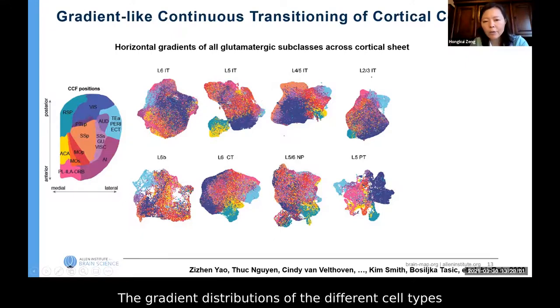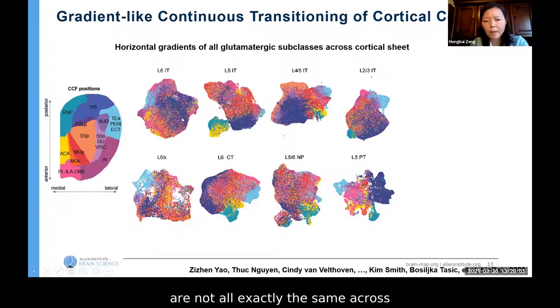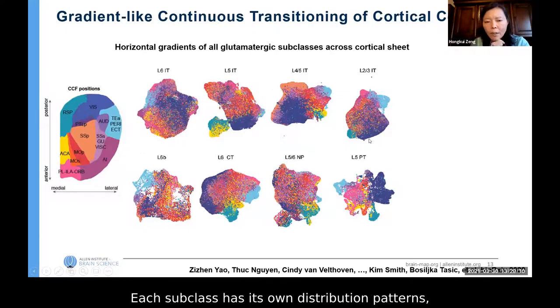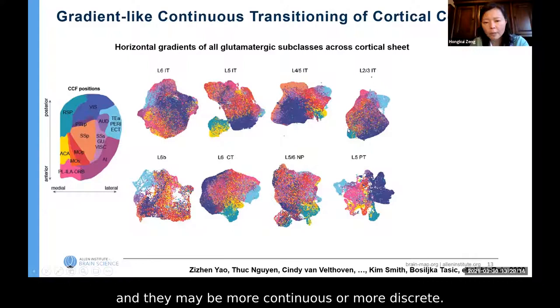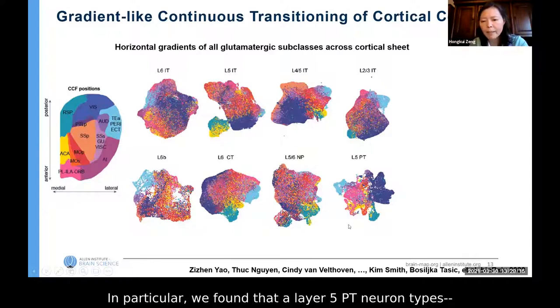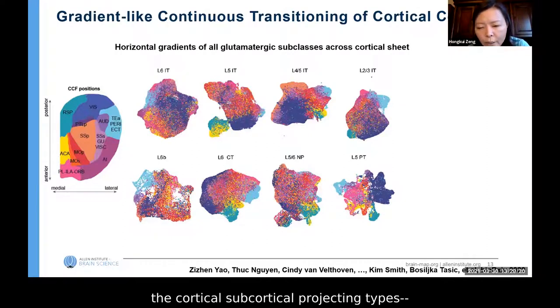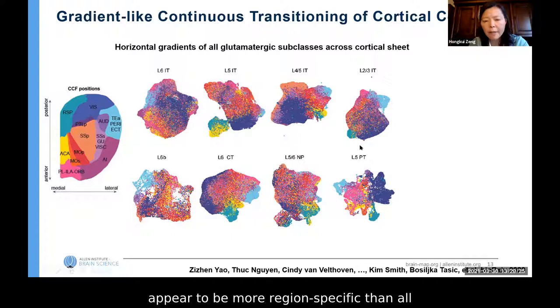The gradient distributions of the different cell types are not all exactly the same across the different subclasses. Each subclass has its own distribution pattern, and they may be more continuous or more discrete. In particular, we found that the layer 5 PT neuron types, the cortical subcortical projecting types, appear to be more region specific than all the other types.